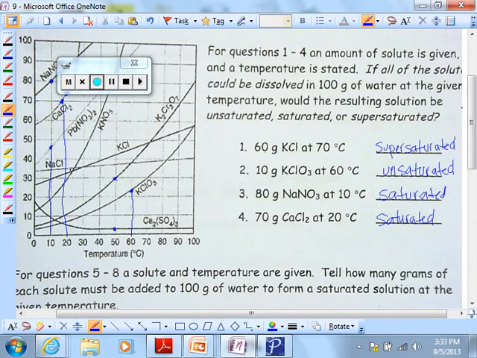Like you see potassium nitrate here, it's going off the graph at like 60 degrees Celsius. So very, very high solubility there. And that's kind of interesting because that's saying that you can put more than 100 grams of potassium nitrate in 100 grams of water. So your potassium nitrate would actually become more like your solvent because you would have more of it than water.